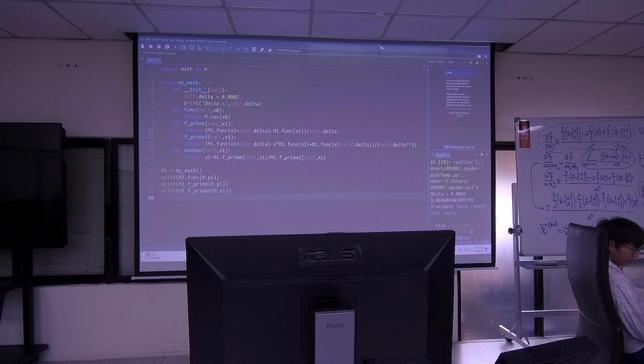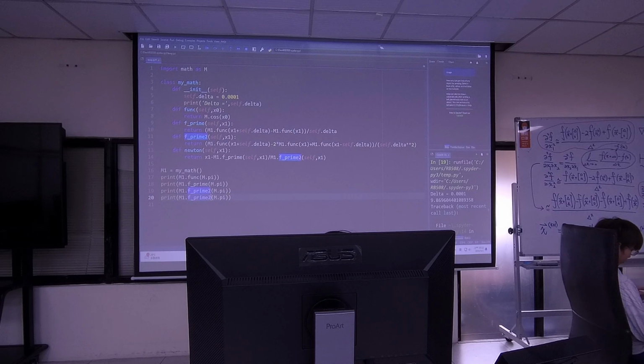So let's see what's going to happen. This time I'm not going to use cosine, because cosine is a very nonlinear function. I will use just x squared, and over here keeping the pi is okay.